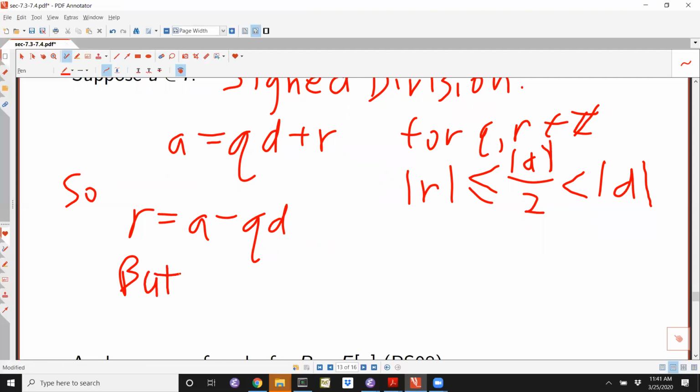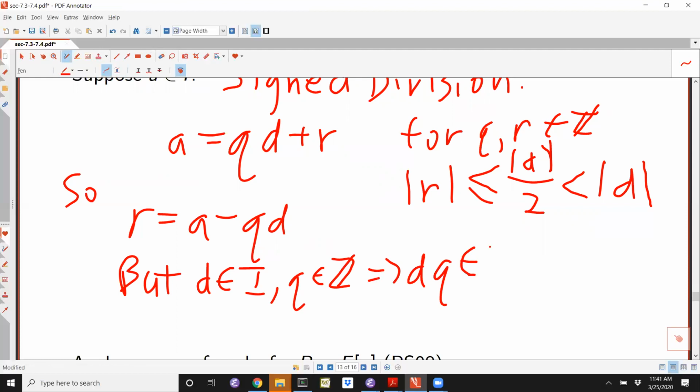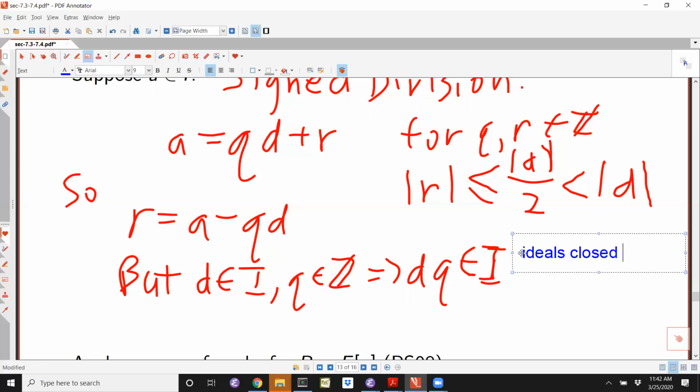But d is in I, and q is in the ring R, which means that dq is in I. Remember, the key point there is that ideals are closed under multiplication by elements in the larger ring R, and not just inside the ideal itself.